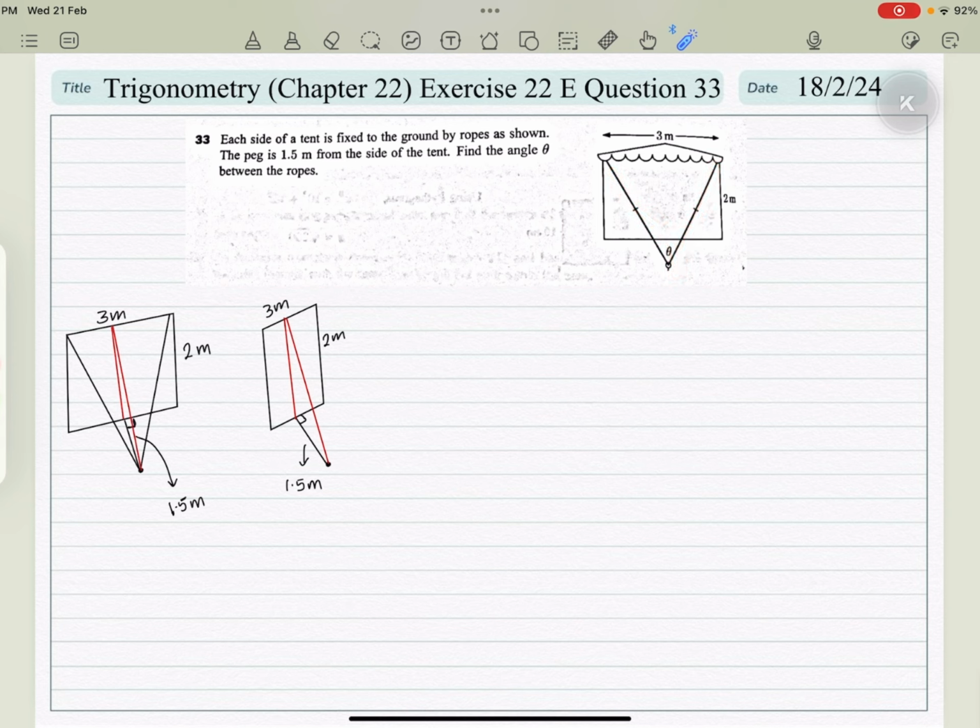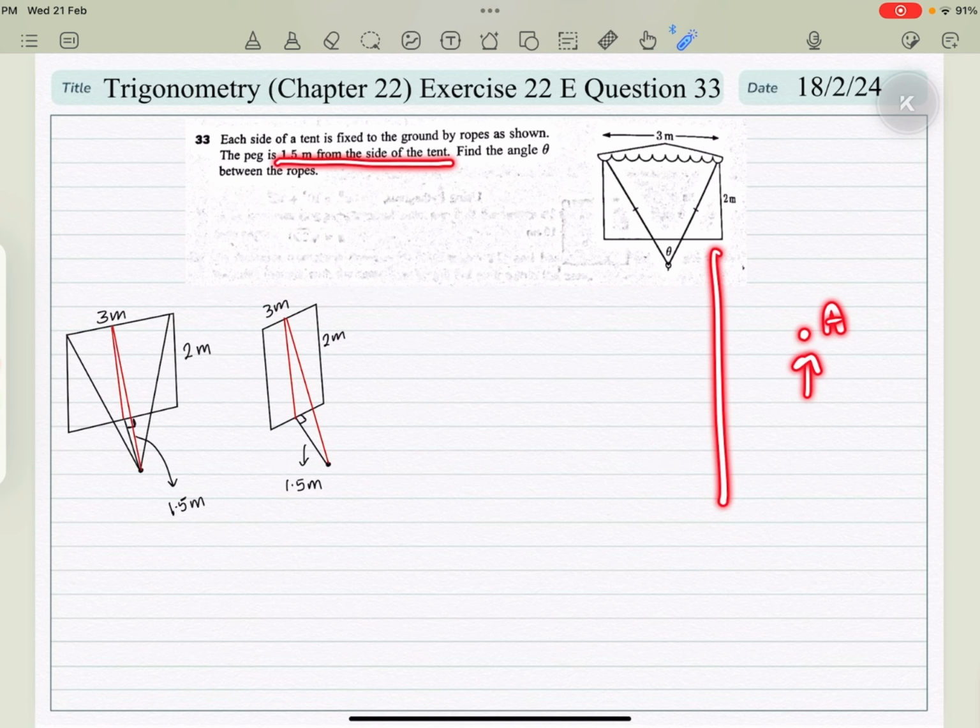First thing first, we have to draw a diagram like the side view of the tent so that we can have a better understanding of how the peg is 1.5 meters away from the side of the tent. So first, we're going to look at what they mean when they say that it's 1.5 meters from the side of the tent.